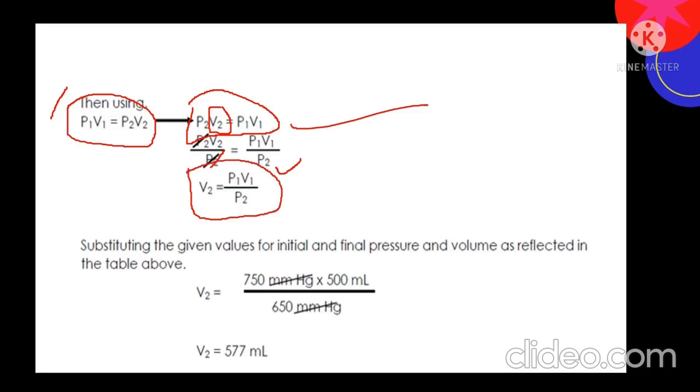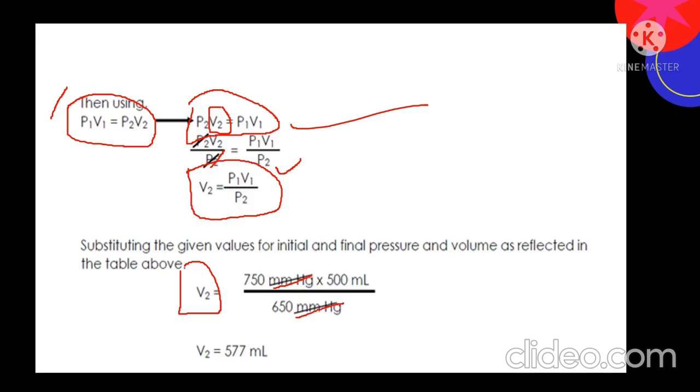Now substituting the given values for initial and final pressure and volume as reflected in the table above, our equation would be V2 is equal to 750 millimeters of mercury times 500 mL divided by 650 millimeters of mercury. We cancel the unit mmHg by slashing this unit out.